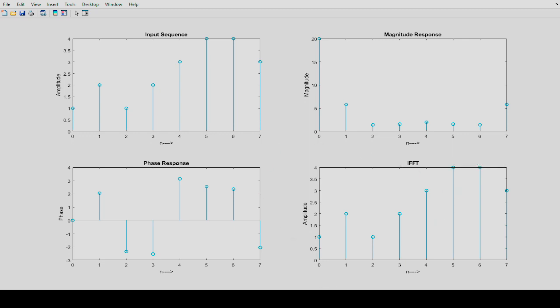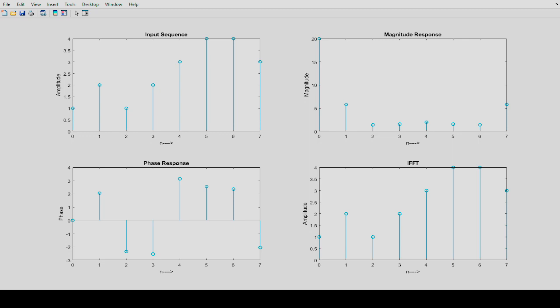Okay, and then for this activity, the group is tasked to find the length of the input sequence using the length command.